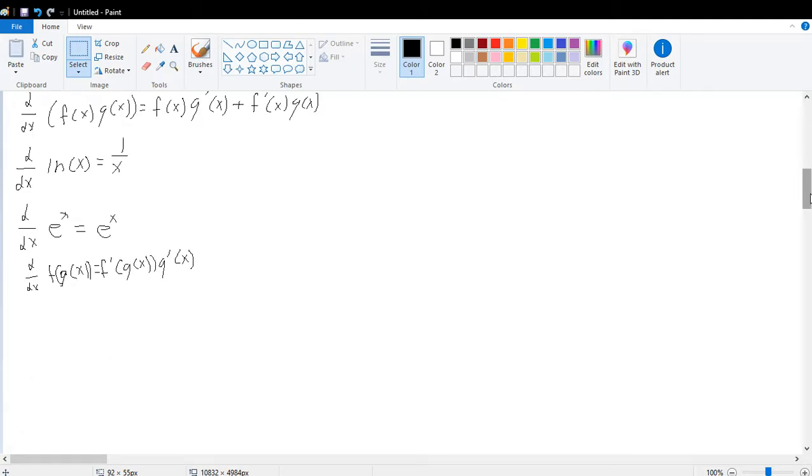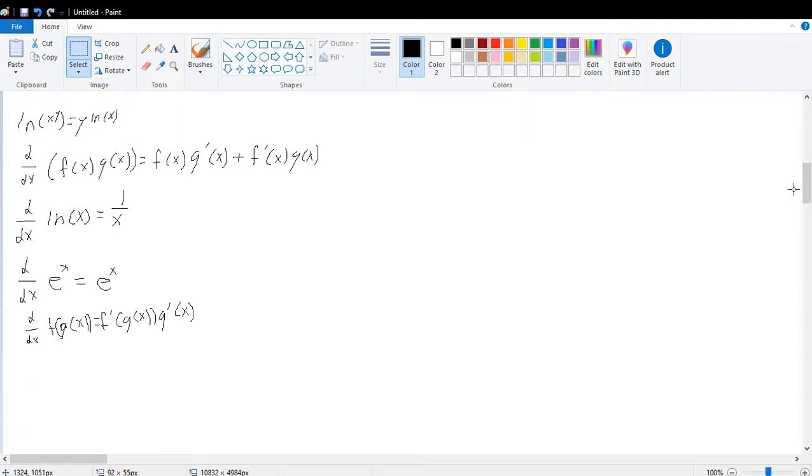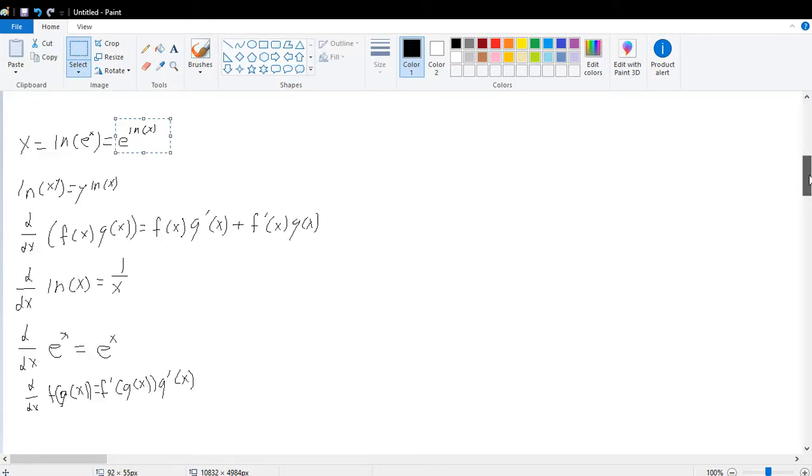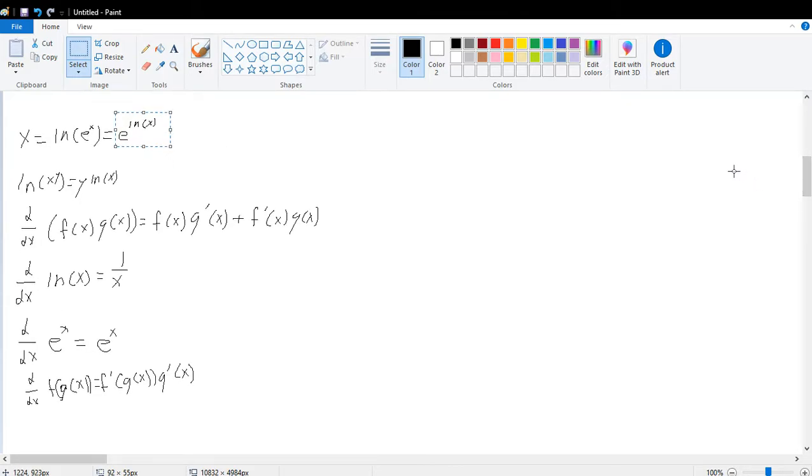Next, finally, we're just going to need to know some of the derivative rules, which hopefully you do. So, the product rule: the derivative of two functions being multiplied is one of them times the other's derivative, plus the first's derivative times the other. Need to know the derivative of ln of x, just 1 over x.